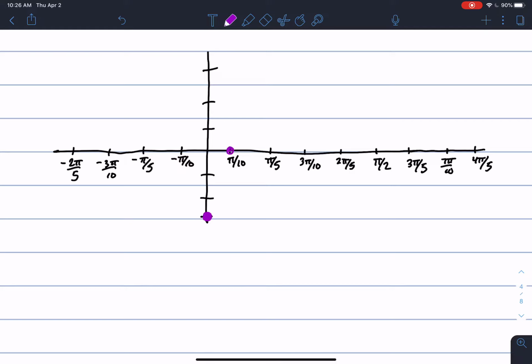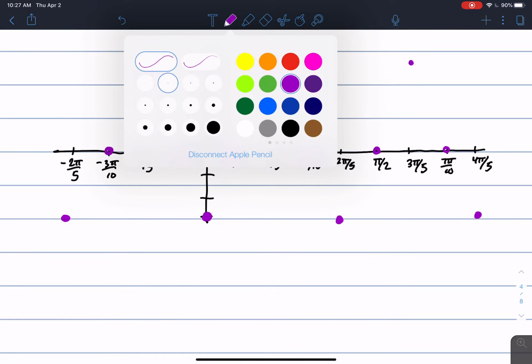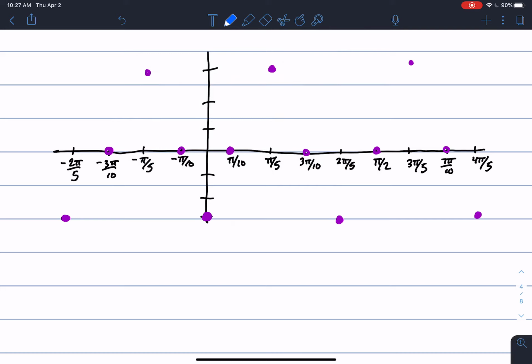And then axis, high, axis, low. Axis, high, axis, low. Then I'm just going to connect the curve.